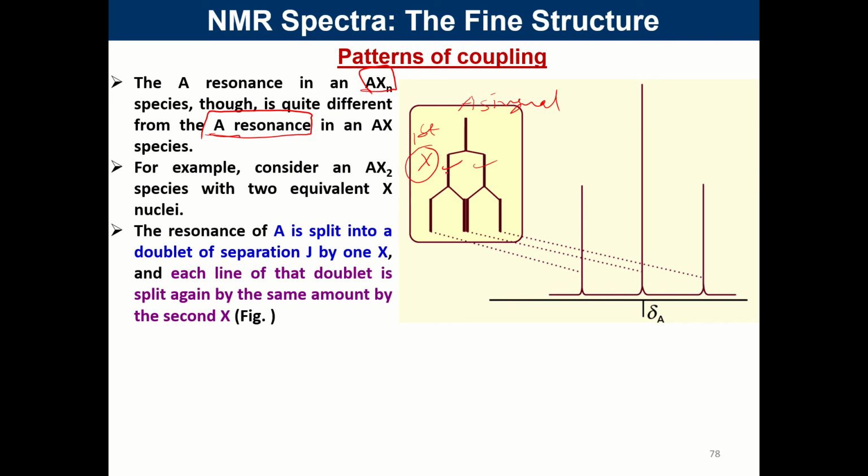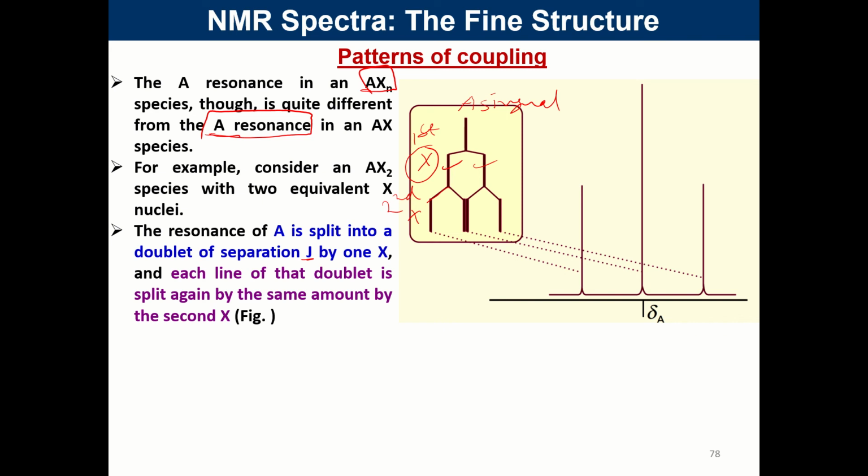Now the interaction with the second X will split it again into two. So A is interacting with X number 1 and X number 2, and each one of them is going to split it further. The result is the same amount of splitting, because the coupling constant J is the same and the nature of the nucleus is the same.